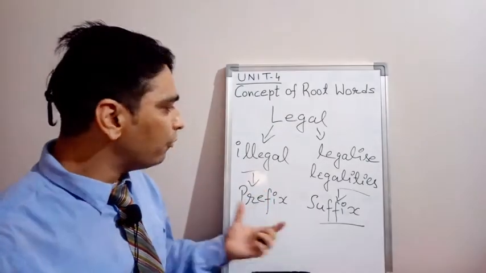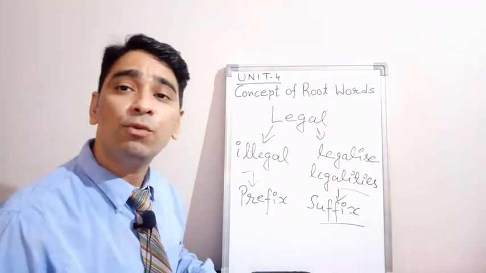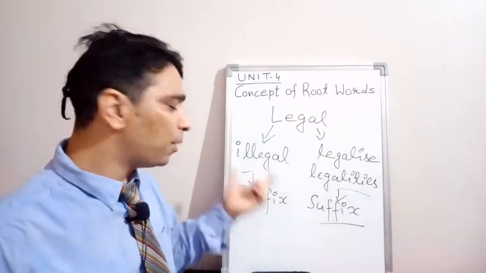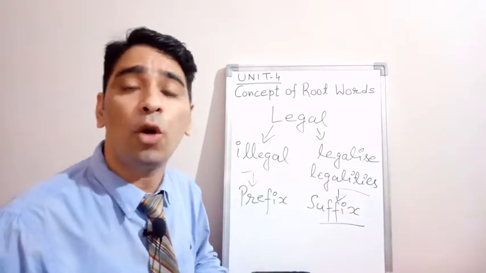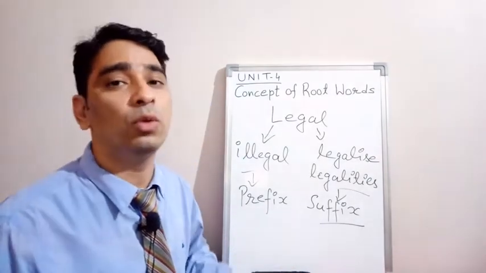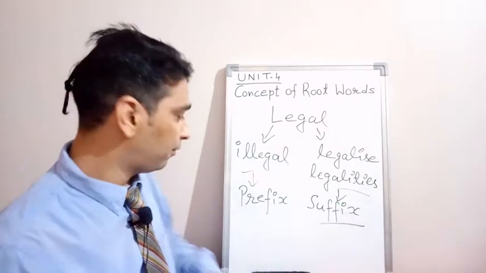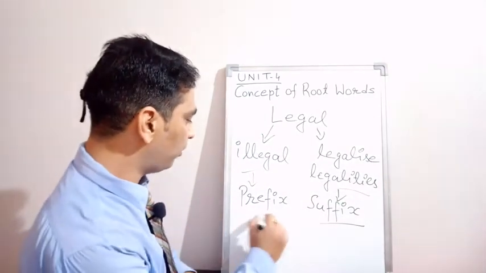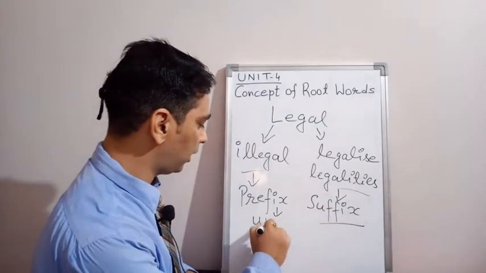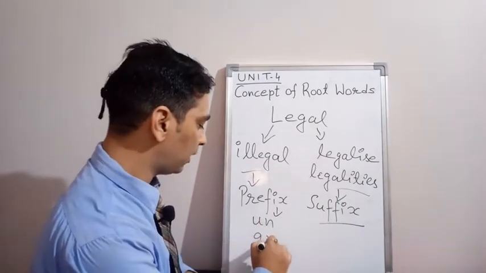Now, why do we do so, or what is the basic difference? What happens when we use any prefix? It can change the meaning of the word. Like if I talk about a very common prefix, un or anti.